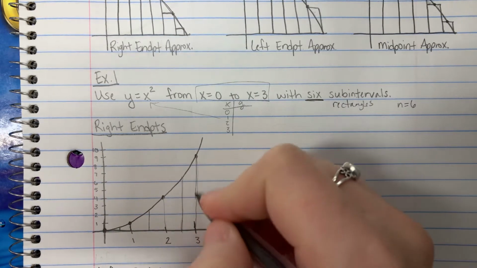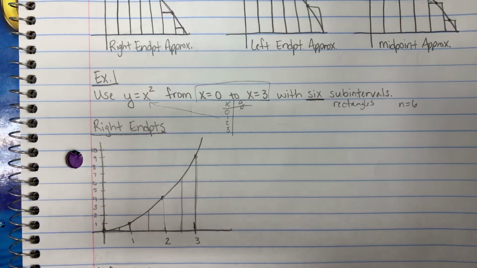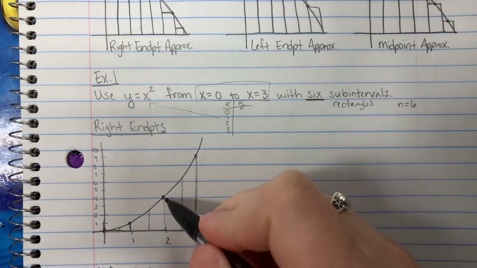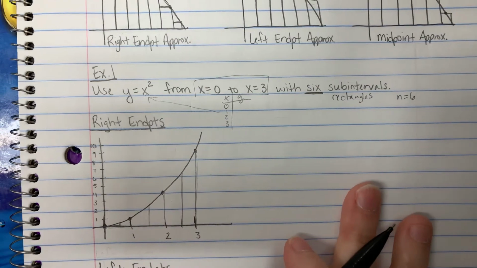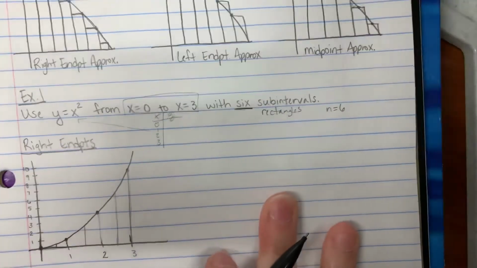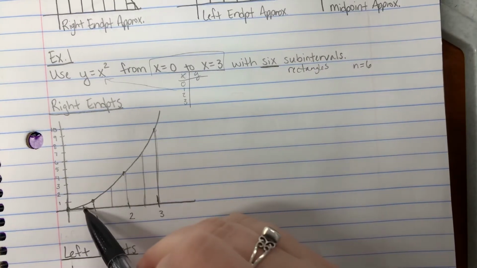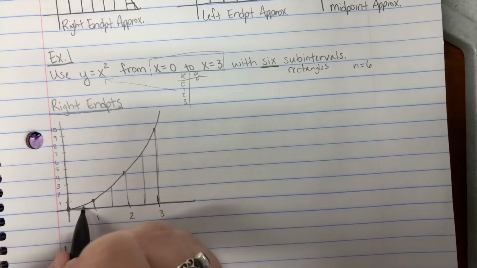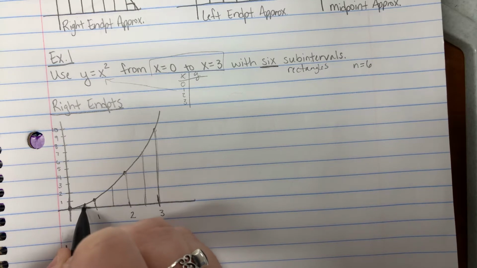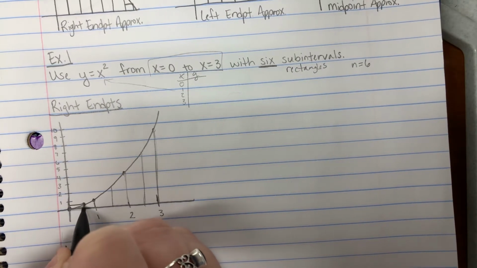Okay, so I have to think about those situations in there, and my sketch isn't perfect, but that doesn't really matter too much, just as long as you can get your areas. Okay, so I need to figure out what are my 6 areas. So I have this first one. Remember, I have right endpoints. So on the right side, I'm going to go over, and that's my rectangle.